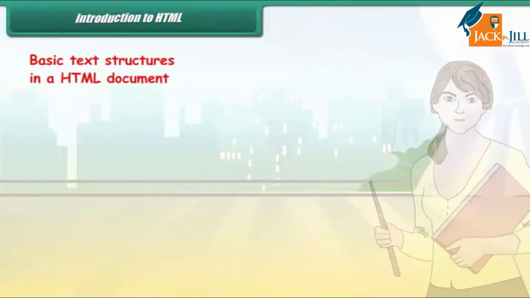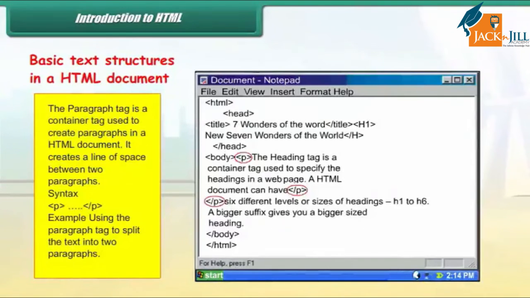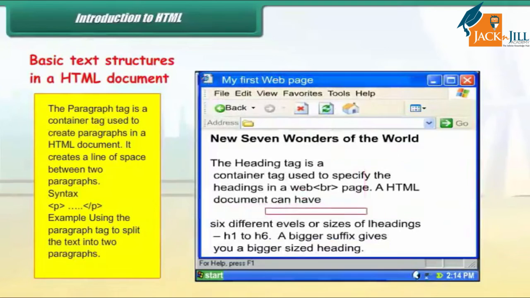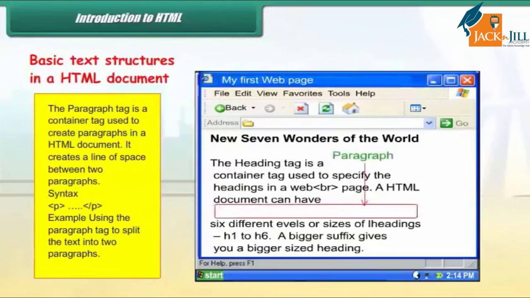Paragraph tag. The paragraph tag is a container tag used to create paragraphs in an HTML document. It creates a line of space between two paragraphs. Syntax. Example, using the paragraph tag to split the text into two paragraphs.